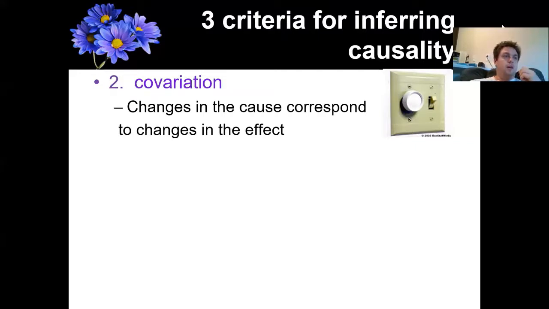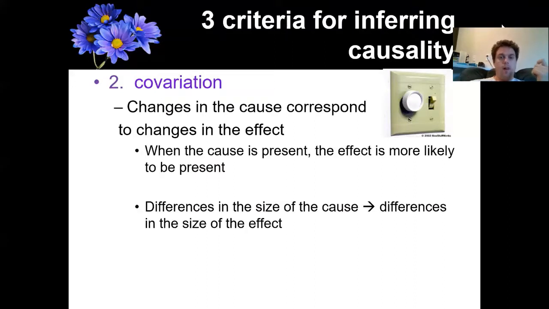So is a change in one variable associated with a change in another variable? Okay. And another important thing here is that differences in the size of the cause should be related to differences in the size of the effect.